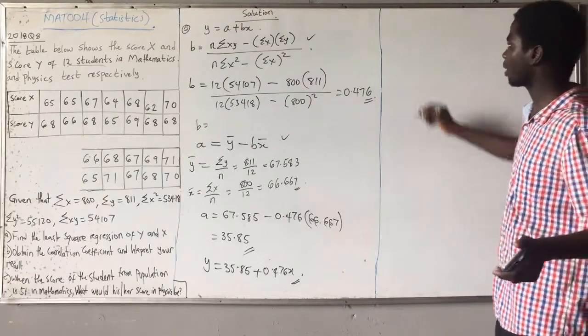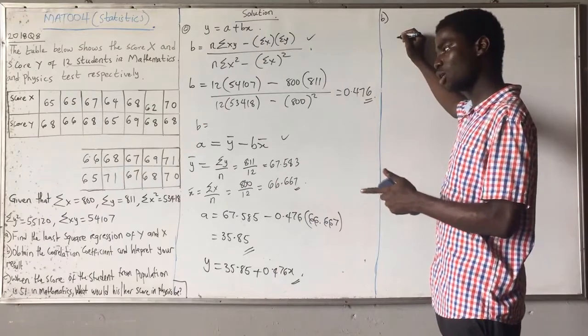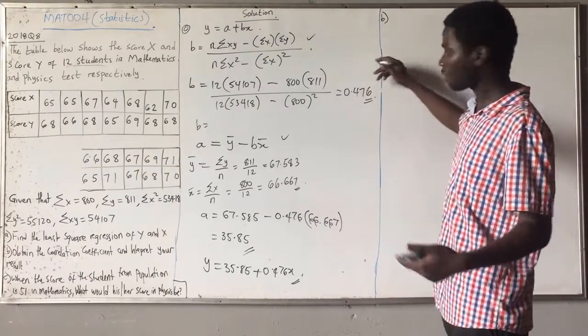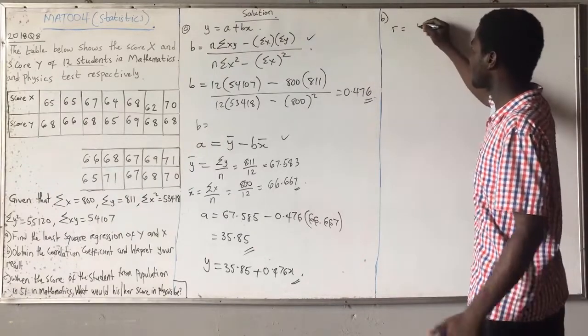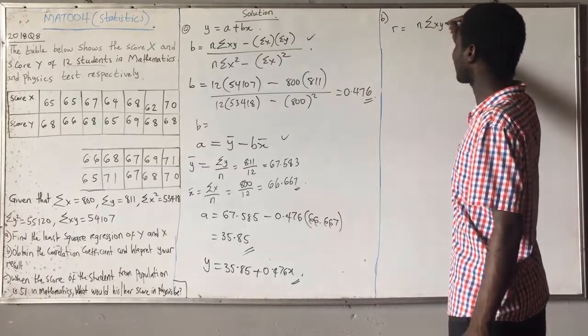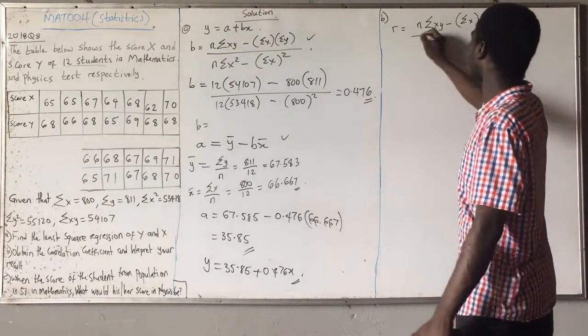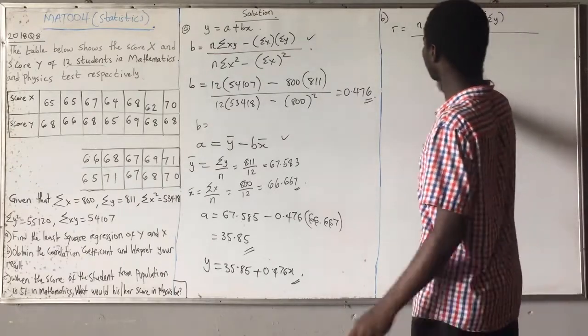Do you understand? Then number B is now telling me to obtain the correlation coefficient and interpret your result. Correlation coefficient is R. And what is the formula? The formula is what you have here. N summation of xy minus summation of x summation of y, all over square root.